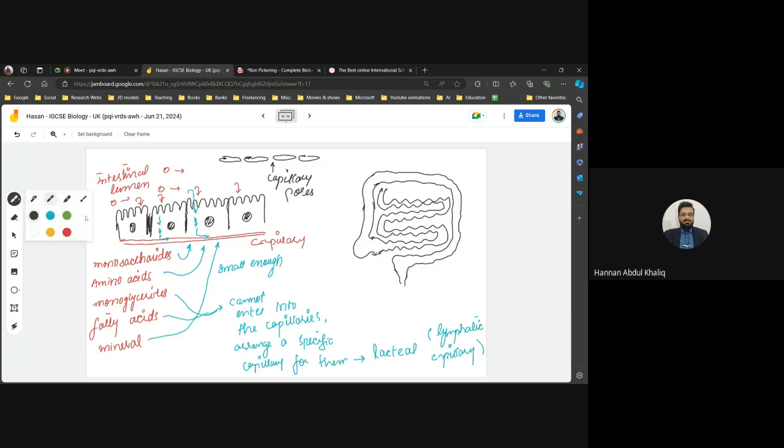So what's going to happen is that the liver is supposed to be located somewhere over here. Now, all the intestines have veins. I'm sorry, this is drawn a bit improperly.